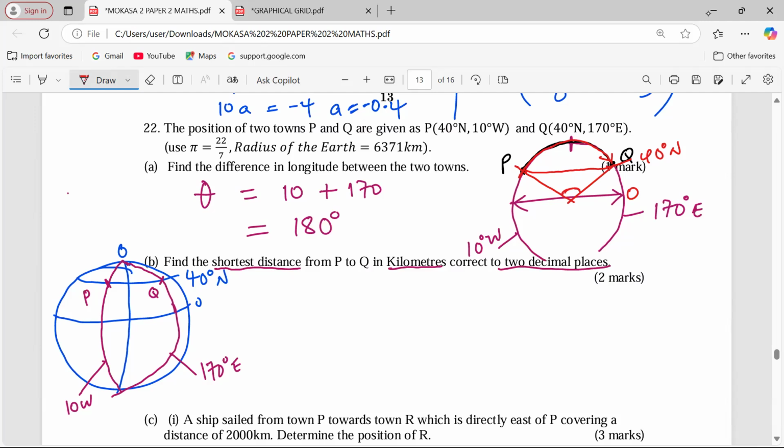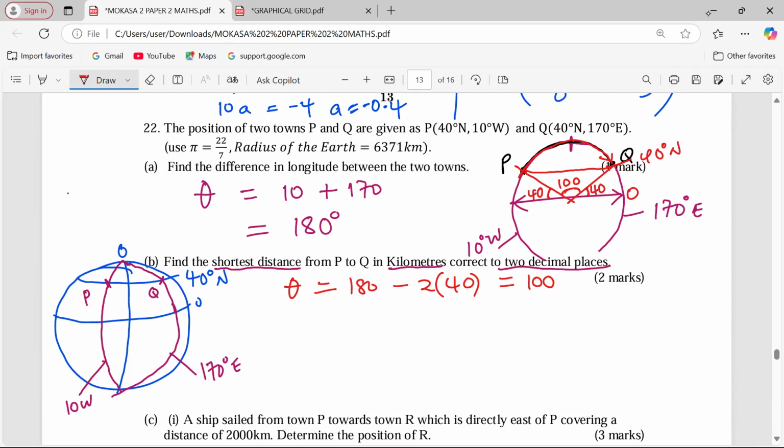From the equator to where P is, we have 40 degrees. From the equator to where Q is, there is 40 degrees. If that is so, then the angle at the middle will be 180 minus 2 times 40, to get exactly 100 degrees. So we have an angle of 100 degrees for that arc PQ.